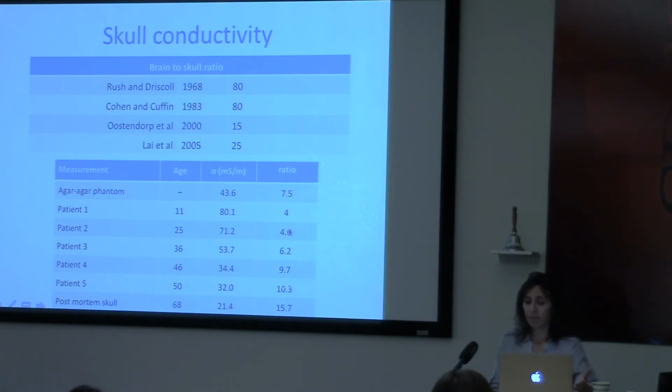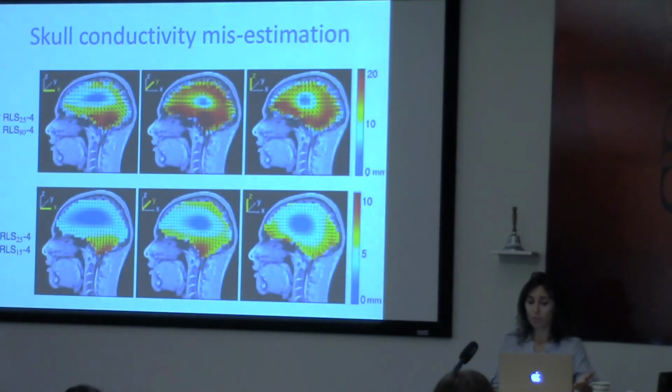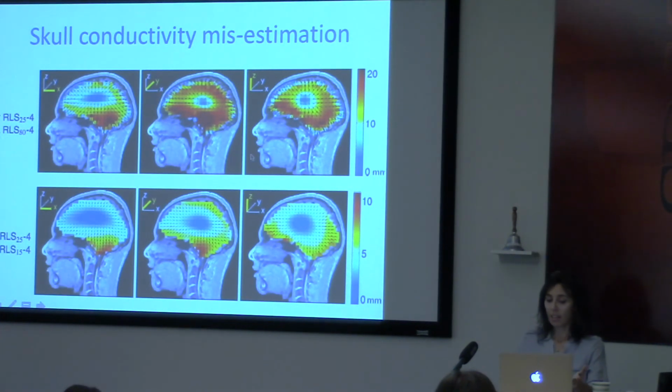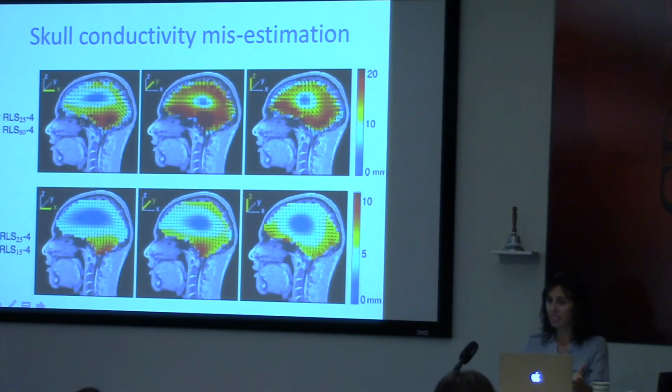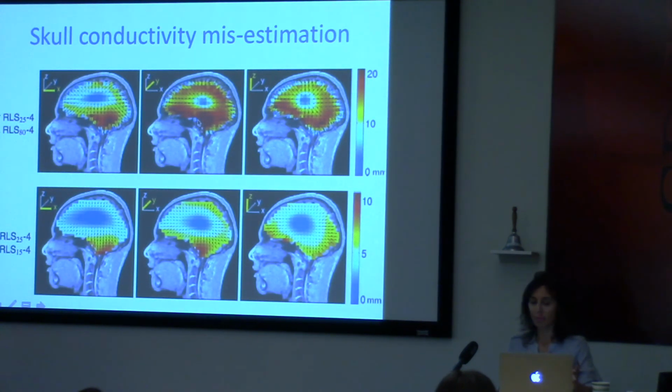So this gives the error distribution. And if we use a brain to skull conductivity ratio of 80 instead of 25, then we get source localization errors up to 3 centimeters.